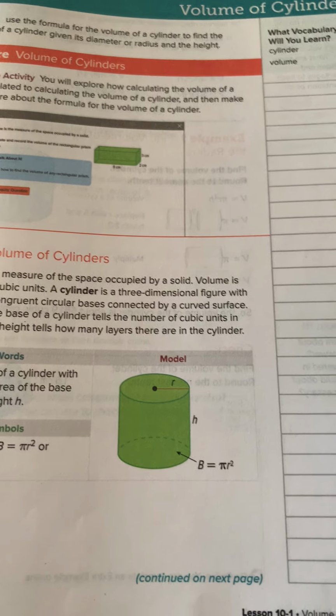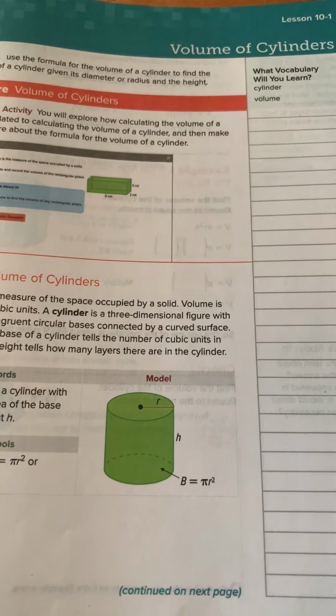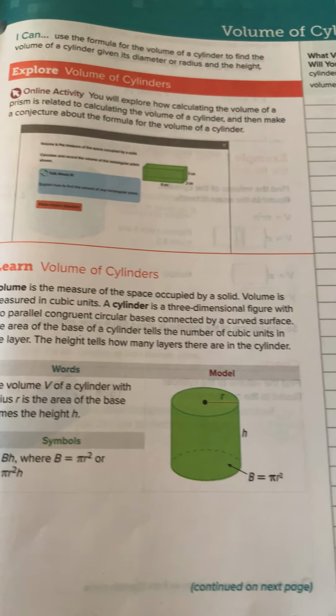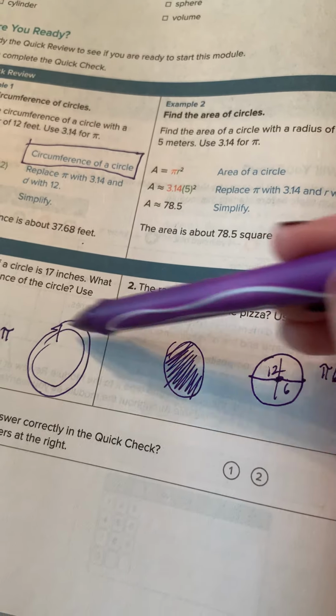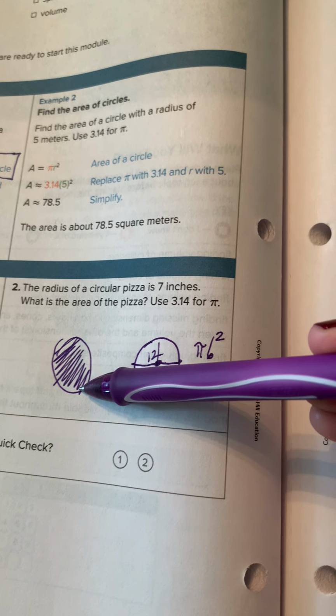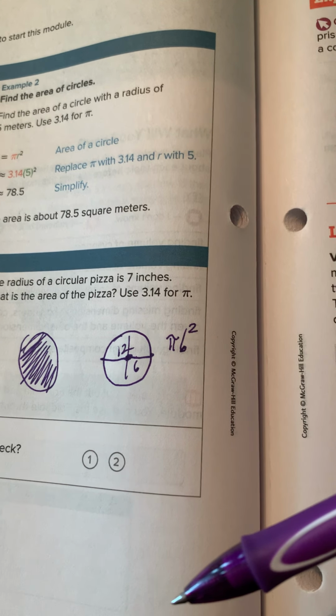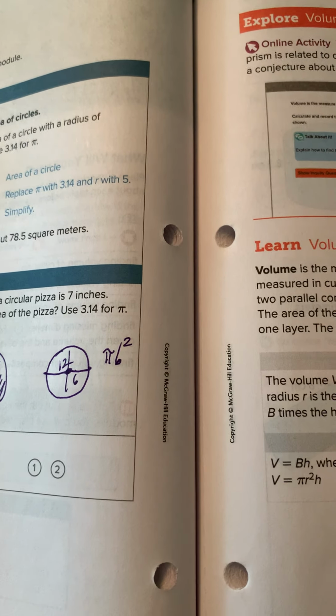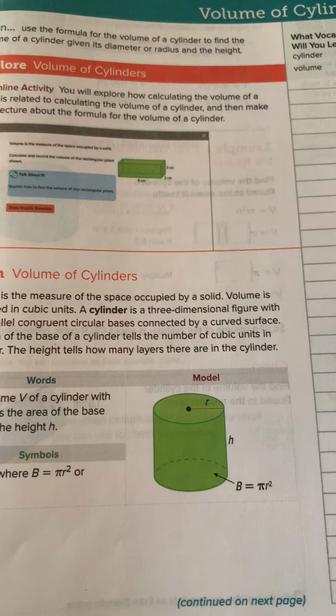So now, instead of going into that a bit more, they just jump right into volume. So area, circumference is around, area is filled in, right? But what if you're talking about a 2D object? That's that. What if you're talking about a 3D object? That's where volume comes into play.